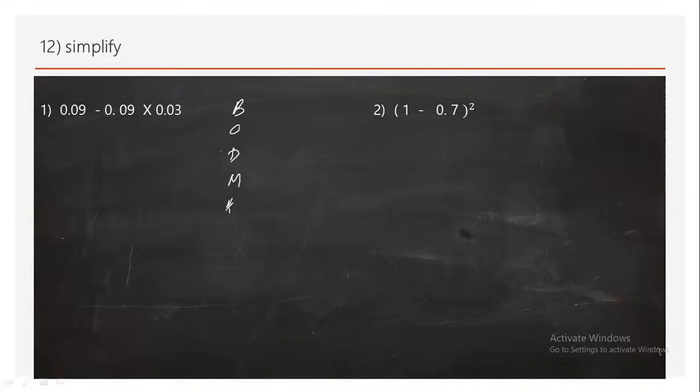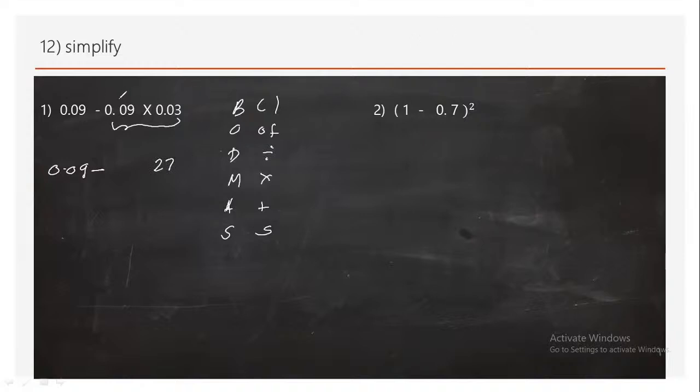I am saying it every day from grade 6 up to 8. Brackets, of, division, multiplication, addition, subtraction. So, first of all, you have to do the multiplication of this. 0.09 minus 9 times 3, right? 27.